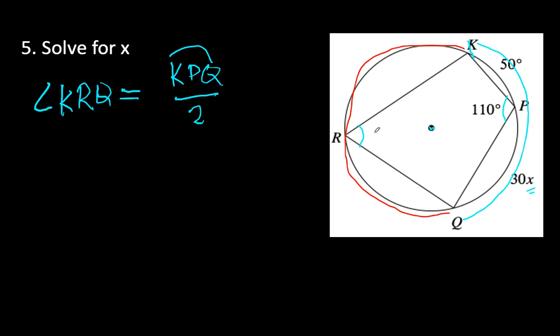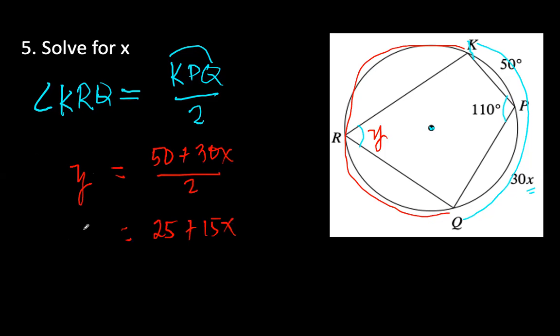Let's say this is our y, a simpler expression for that angle KRQ. So KRQ is y, and KPQ is 50 plus 30x, over 2. We could say this is 25 plus 15x is equal to y, correct?